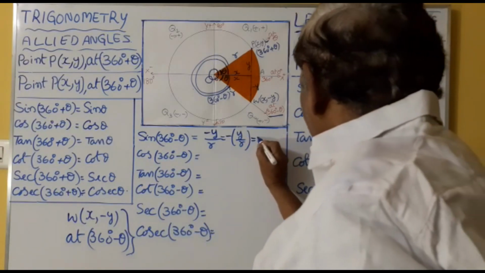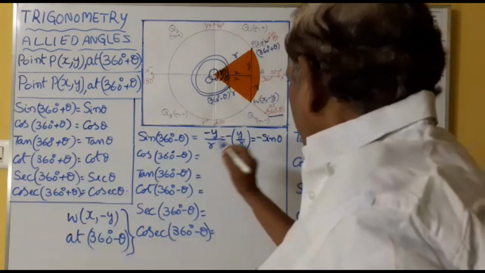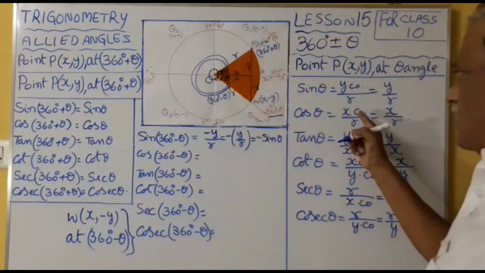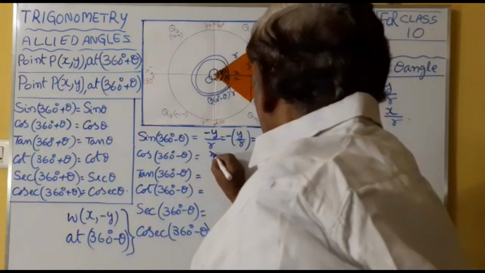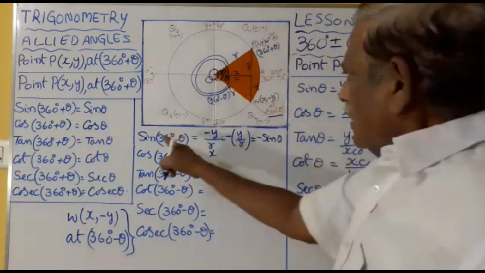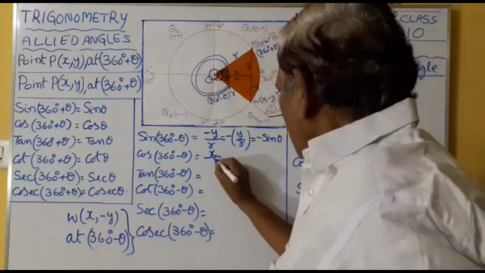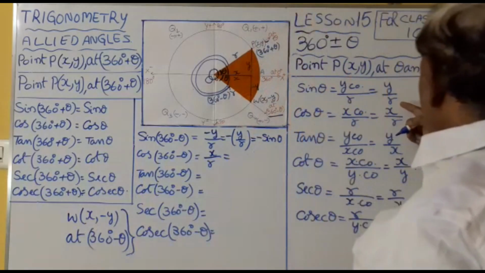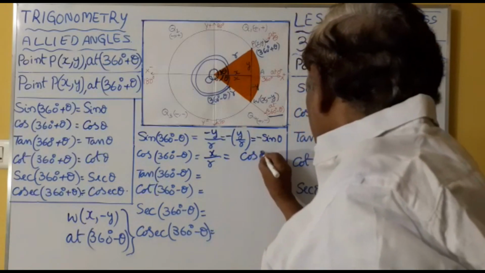Therefore, this is minus sin theta. Next, cos(360 minus theta) is x coordinate by r. The x coordinate of point W is x, so x by r. But x by r is cos theta. Therefore, this is cos theta.